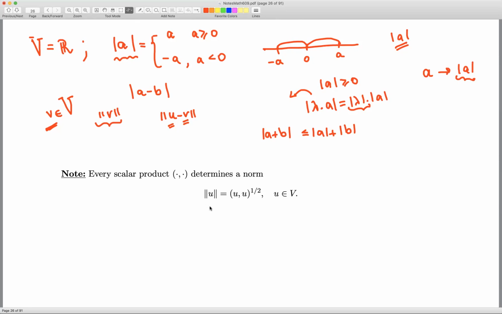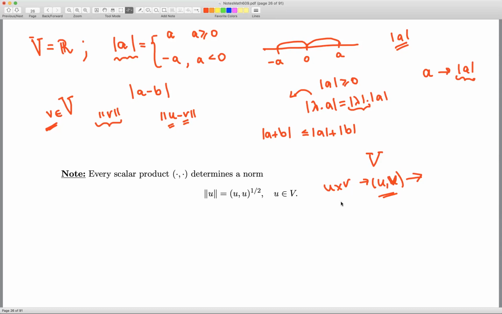But before that, if V is an inner product space and it has an inner product, given by some abstract function which to every pair of elements from V assigns a number, so for u and v it assigns the number ⟨u, v⟩, the inner product of these two elements.